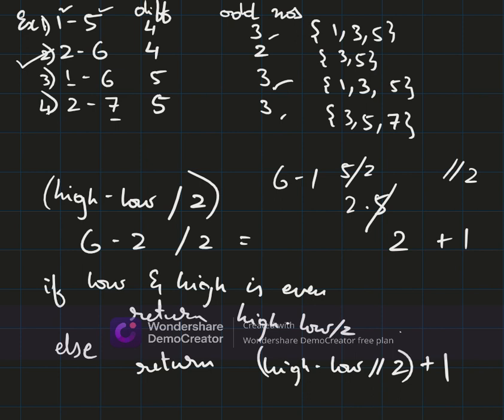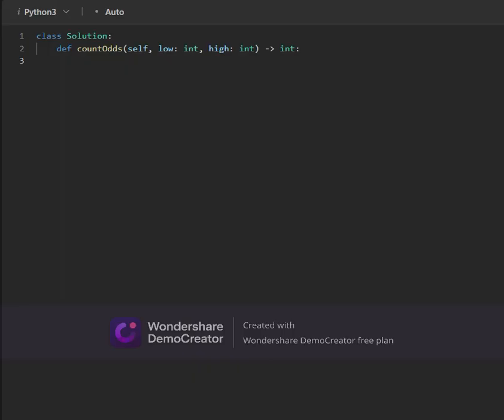So let's quickly write the code for this problem. Here we are. As discussed, we will be writing the condition for the case where high and low are even. So if low mod 2, modulus of 2, is equal to 0 and high modulus of 2 is also equal to 0, then we know both are even numbers.